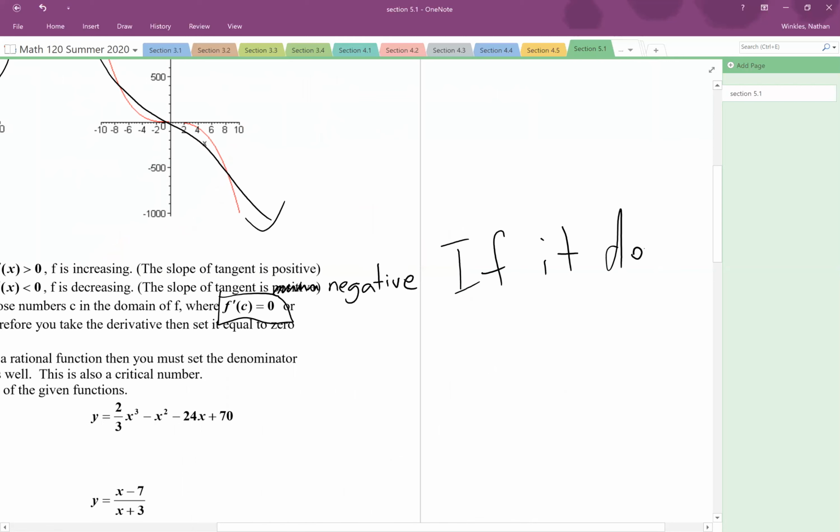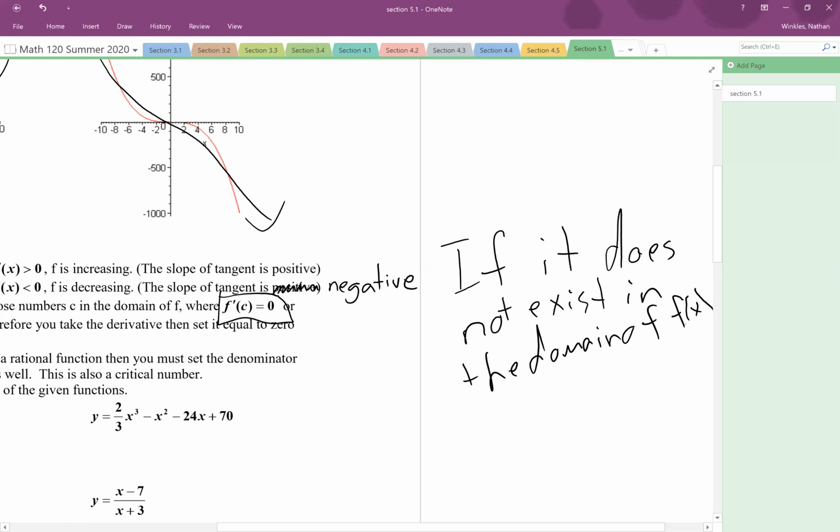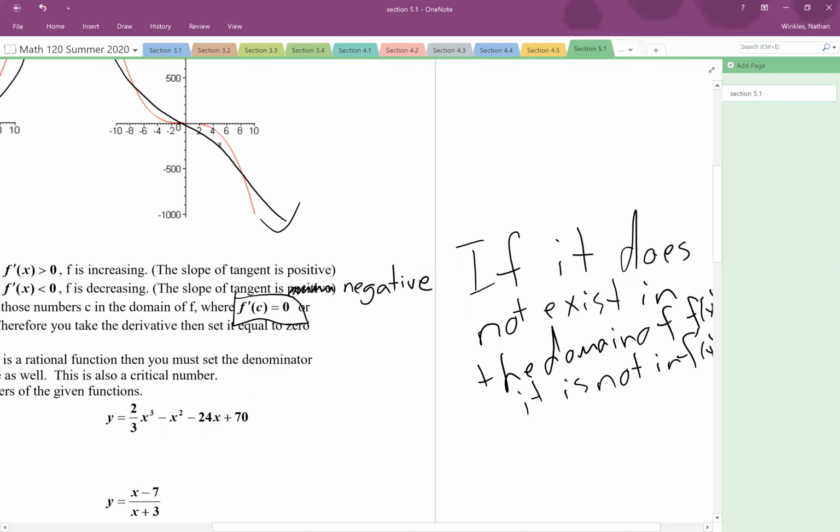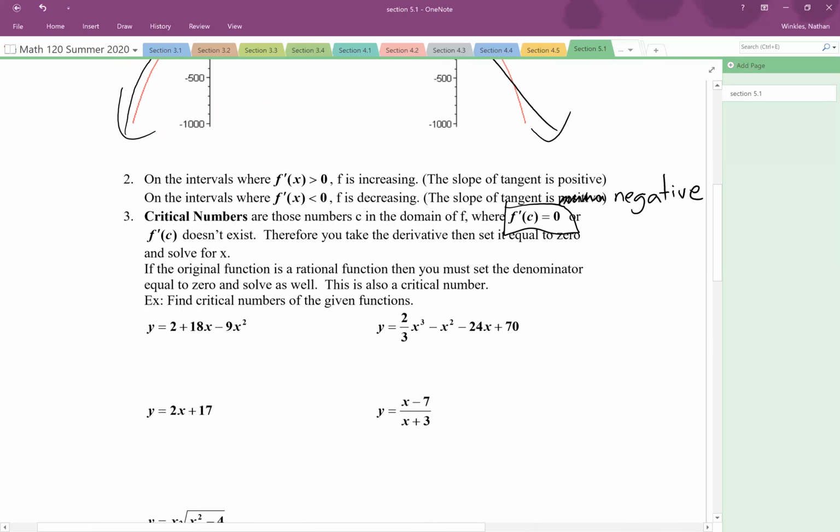If it does not exist in the domain of f of x, it is not in f prime of x. If it's not in the original domain, it can't be a critical number, so therefore it can't be inside of f prime of x.